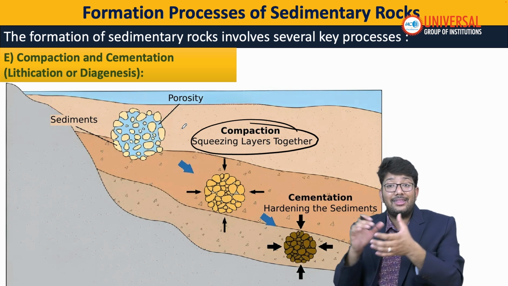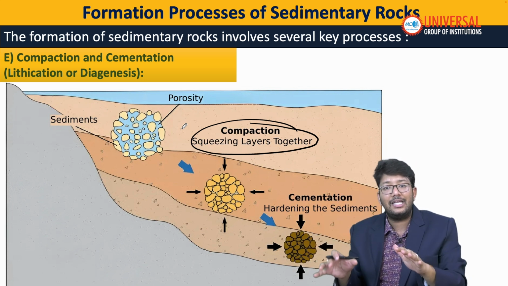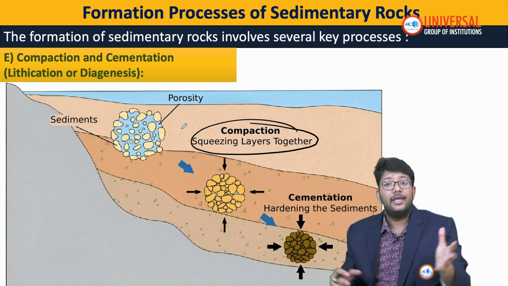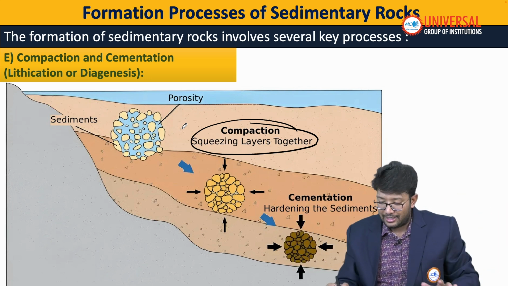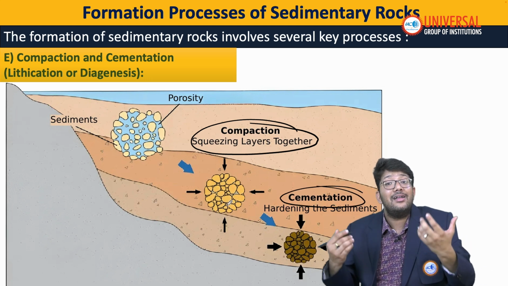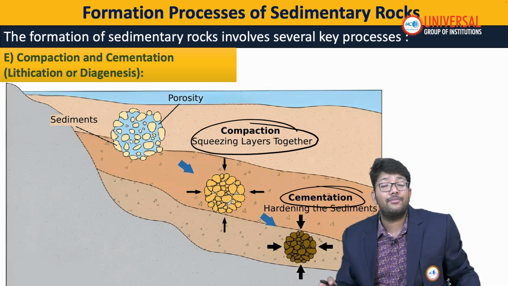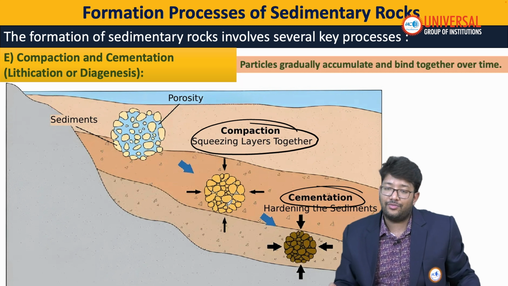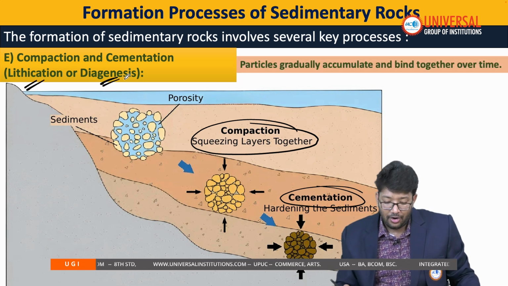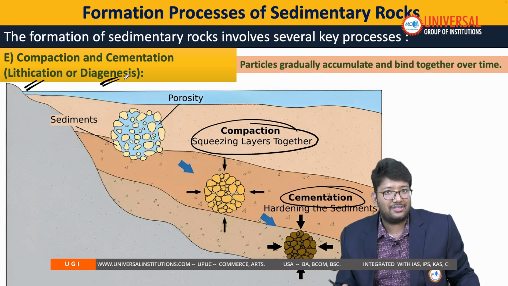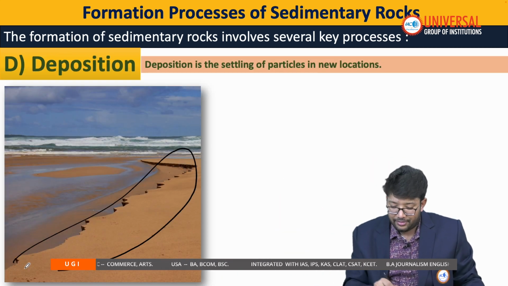When the particles are squeezing together due to a lot of heat and pressure, compaction happened. If more squeezing takes place, like all the water comes out, that is called cementation. It will harden the sediments. So these are the 5 processes in the formation of sedimentary rocks. You have to remember these 2 terminologies also: lithification or diagenesis. So this is a type of deposition only.